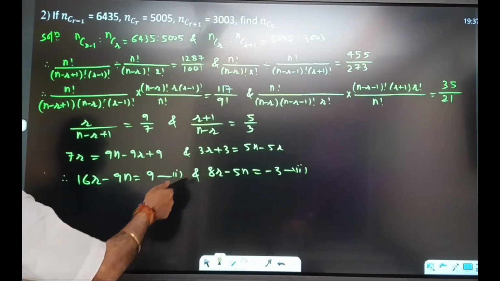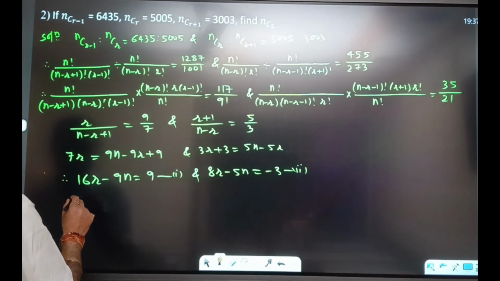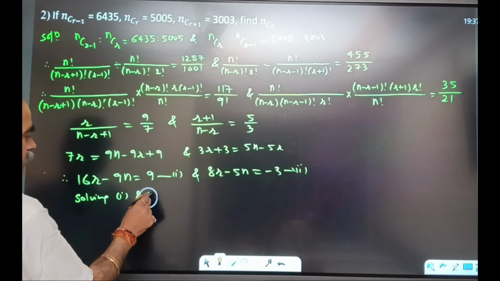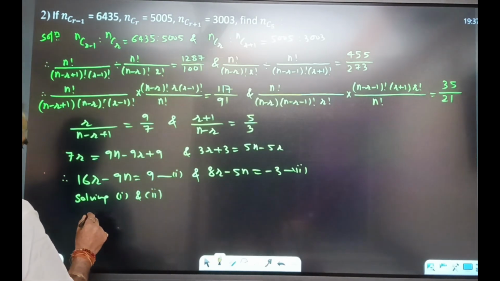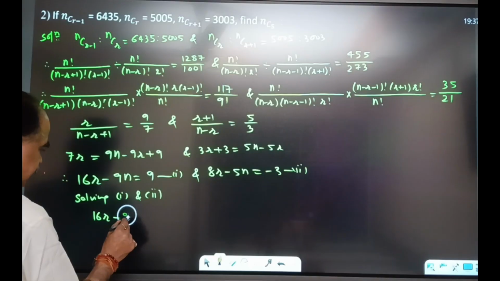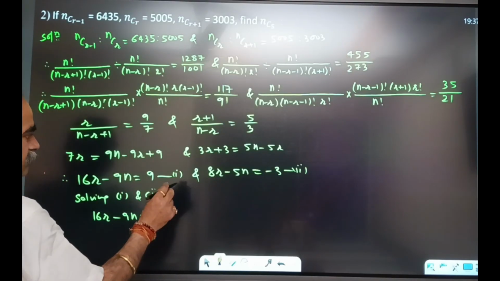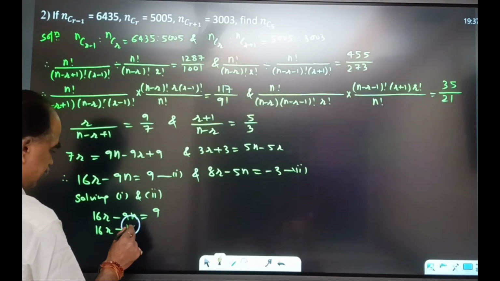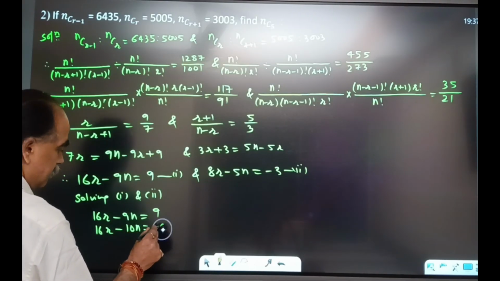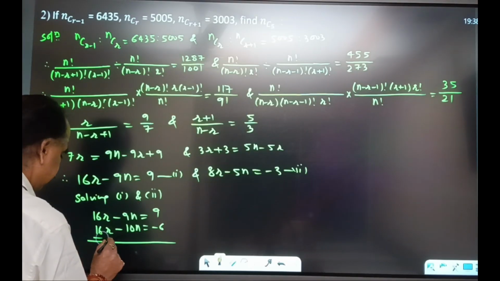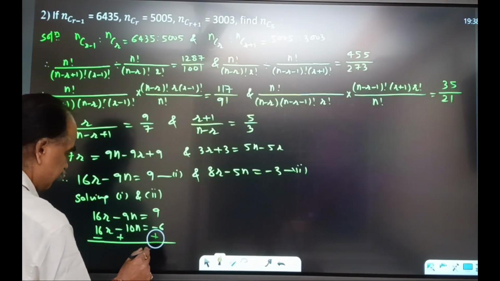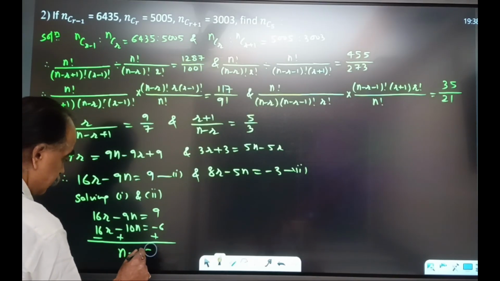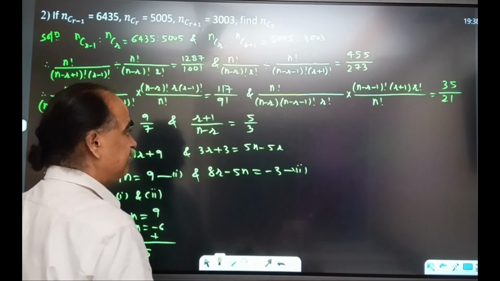We will multiply 2 in equation number 2, solving with 1. So 16r minus 9n, 16r minus 10n, subtract, minus plus plus. n is what? 15. n we got 15.